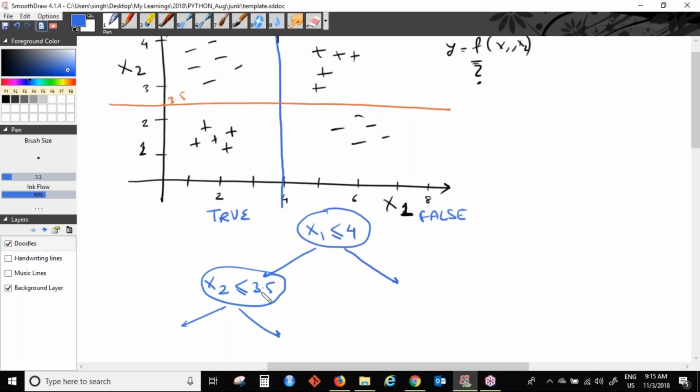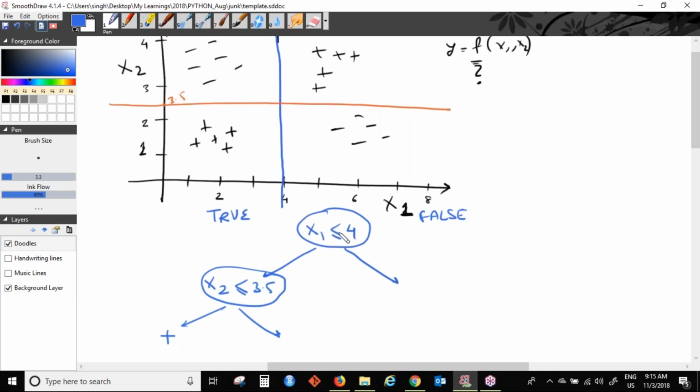Now if x2 is less than equal to 3.5 is true, what should I write here? Yeah, it's a plus. It means this area.